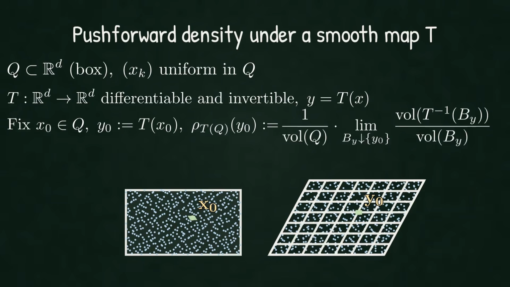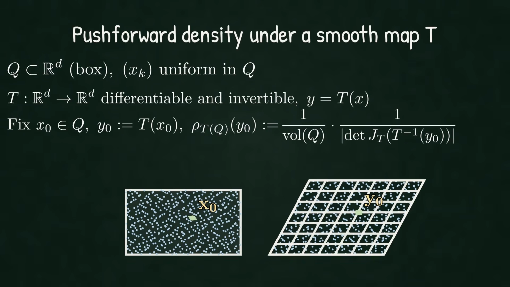The ratio of the volume of T inverse of B_y over the volume of B_y approaches the absolute determinant of T inverse, which equals 1 over the absolute determinant of T. So the density at y0 equals 1 over the volume of Q times 1 over the absolute determinant of the Jacobian, evaluated at x0, which is T inverse of y0.